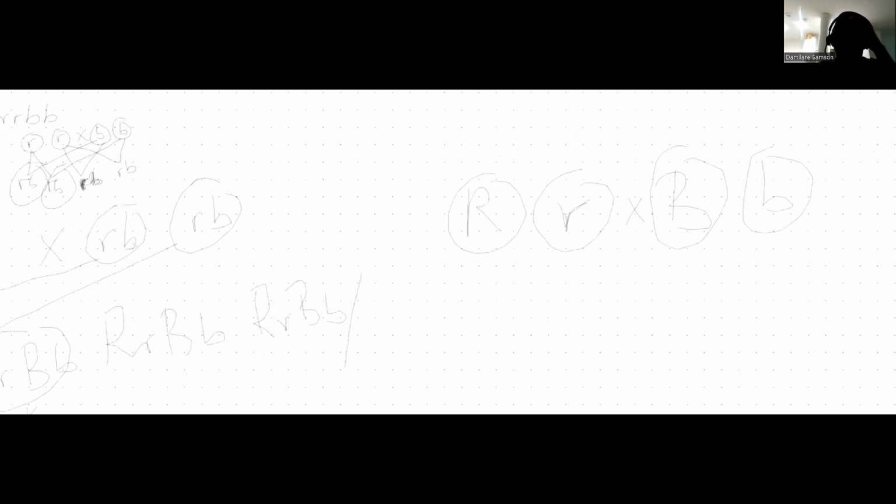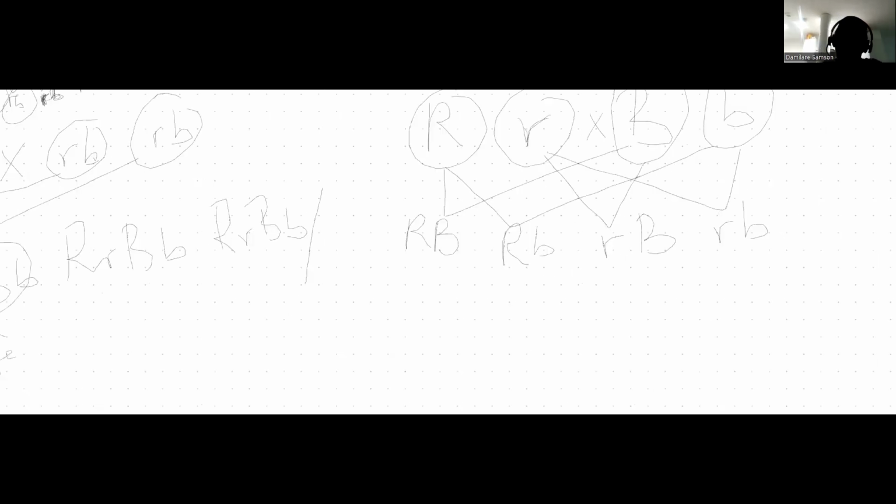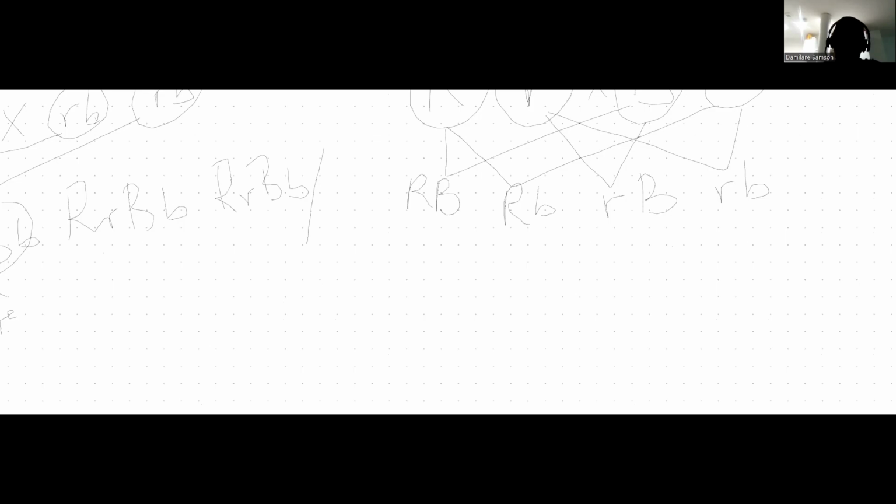So when you cross it, you have capital R capital B, capital R small b, small r capital B, and small r small b. So this is what you will now do in two different places. You will now move it to the Punnett square.